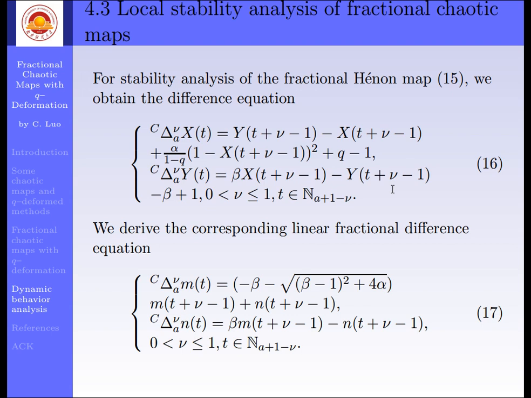Next, we discuss the local stability of the deformed fractional chaotic maps. In order to simplify, we only study the two-dimensional Henon map. By the inverse operator, we obtain the difference equation. At the equilibrium point, we derive the corresponding linear fractional difference equation 17.